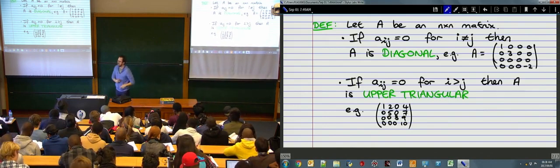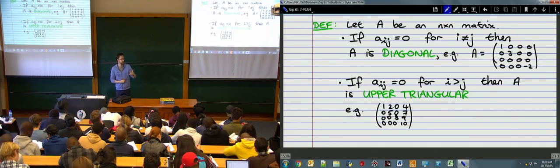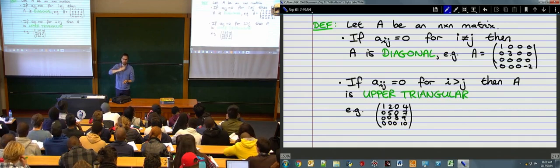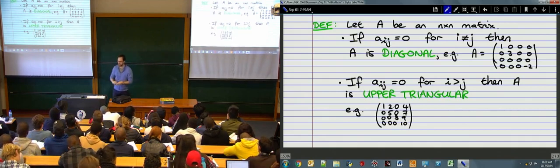And very similar to upper triangular, there's another type of matrix which is simply called a lower triangular matrix. A lower triangular matrix just says all the entries above the diagonal must be 0.